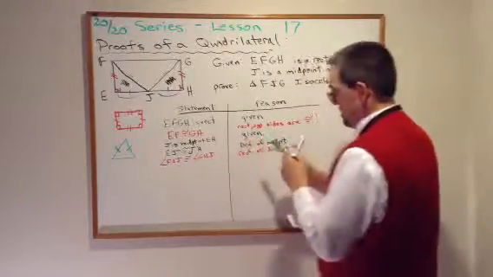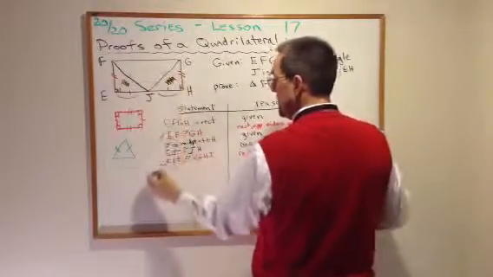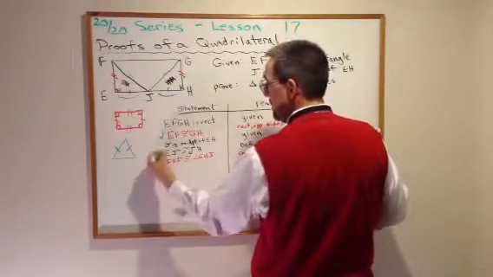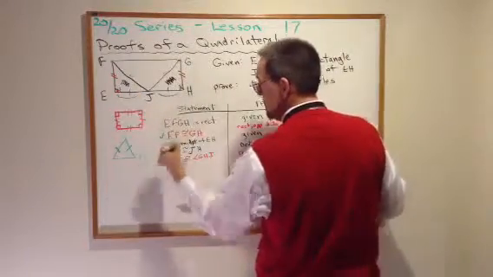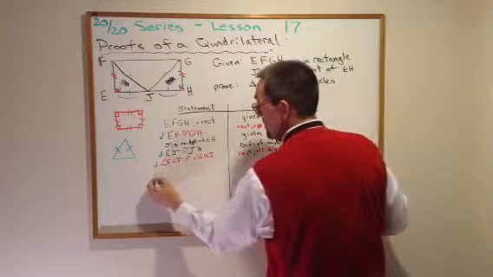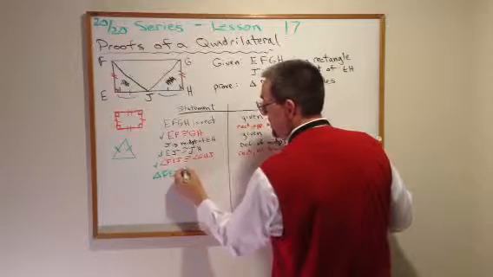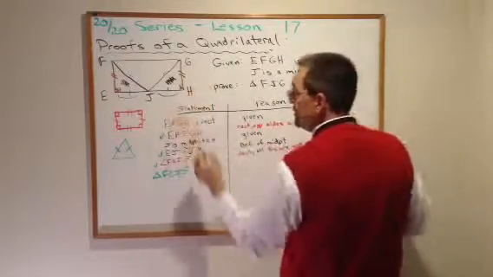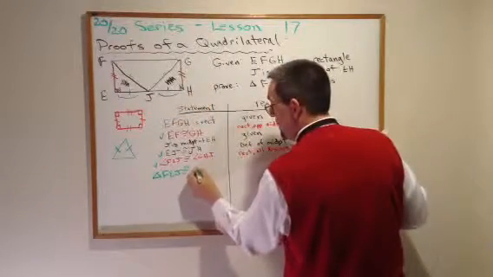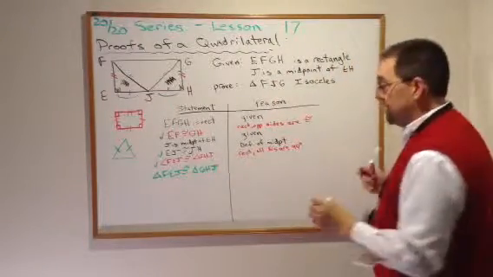So, let's mark that. Side, angle, side. So we can actually say FEJ is congruent to GHJ, side, angle, side.